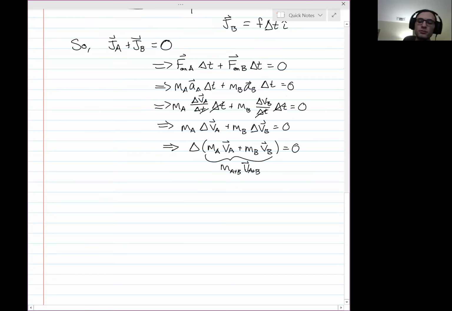So at least in this simple example, we see a new conserved quantity, because a conserved quantity is just something that doesn't change. Deltas act just like derivatives when you take product rules.